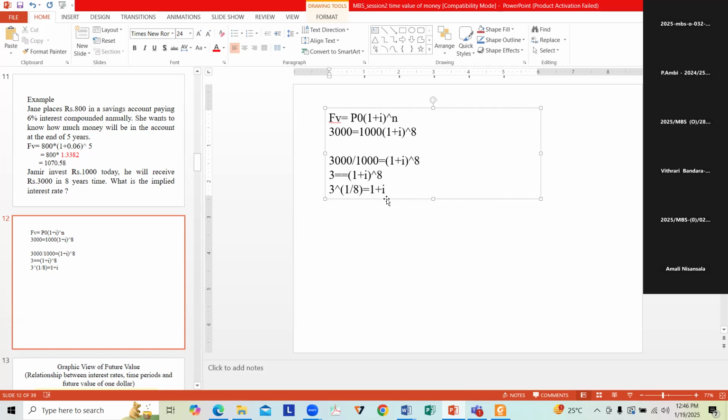So you can see this 1 plus I. Now you use the calculator and find this value. If you find this value, it comes as 1.1472. So then we know this is 1 plus I. So now this one coming here, minus 1.